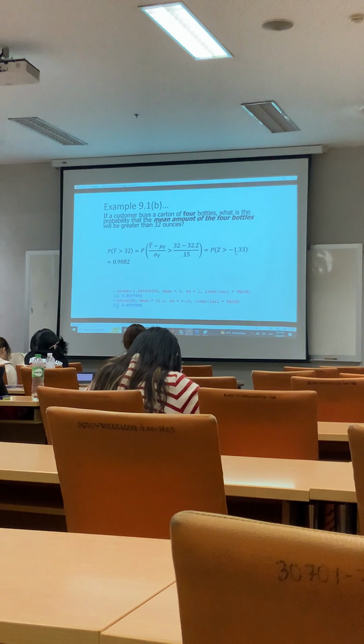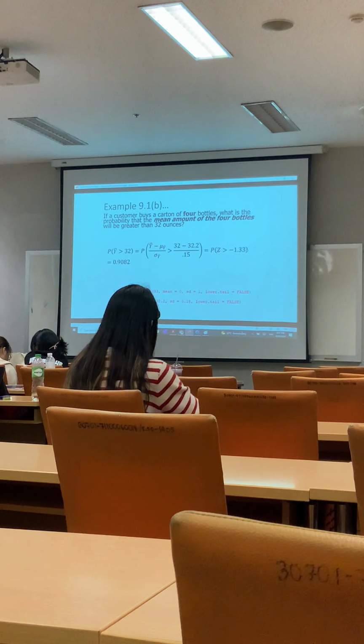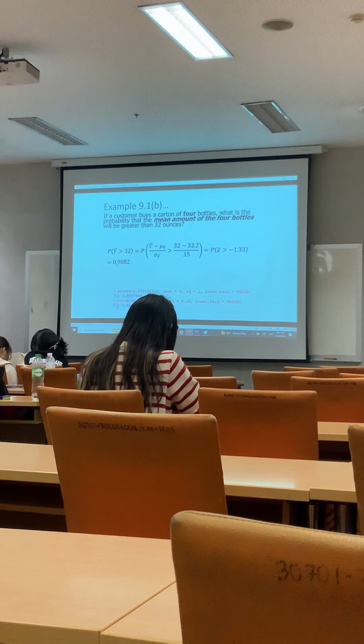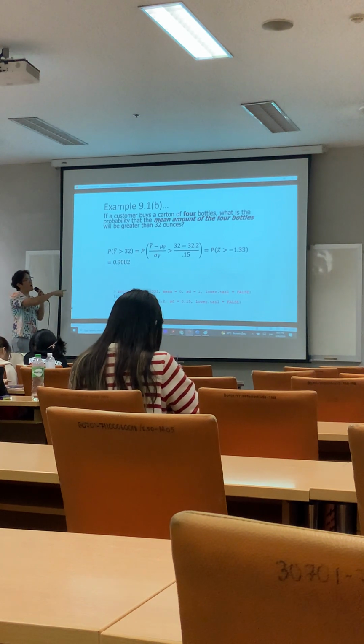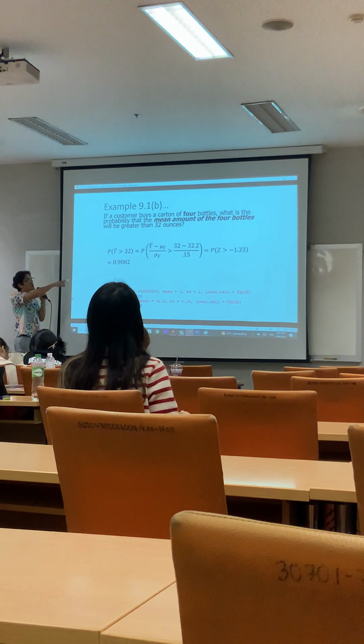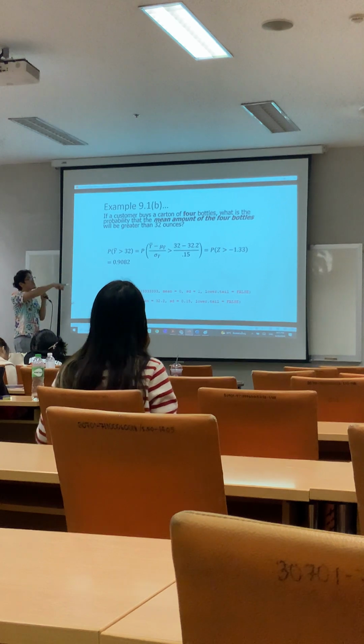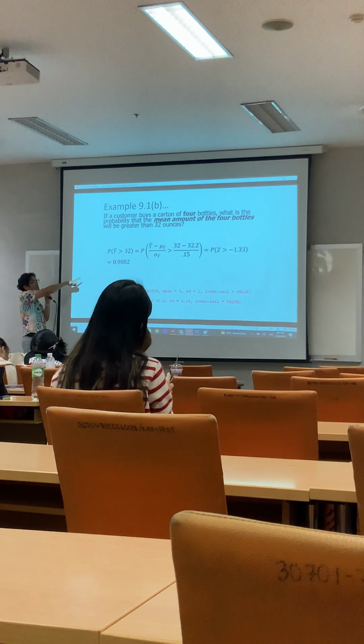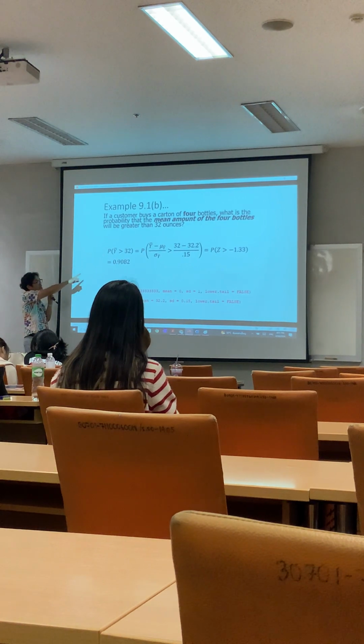Again, this is like 1.333333, but I shortened it to just 2 decimal places. And the answer, okay, I'll let you check by yourself. If you use the table, it's going to show you that the probability is 0.9082.